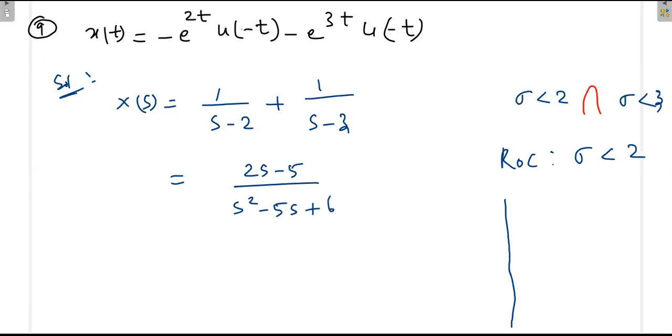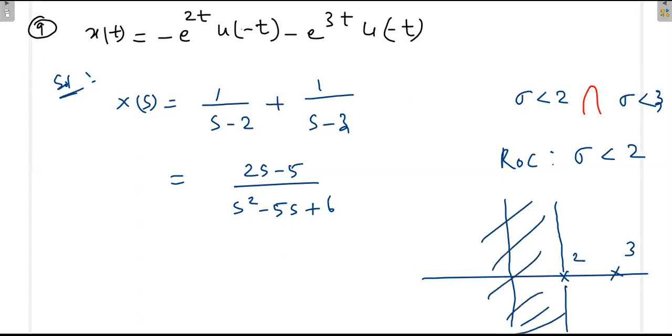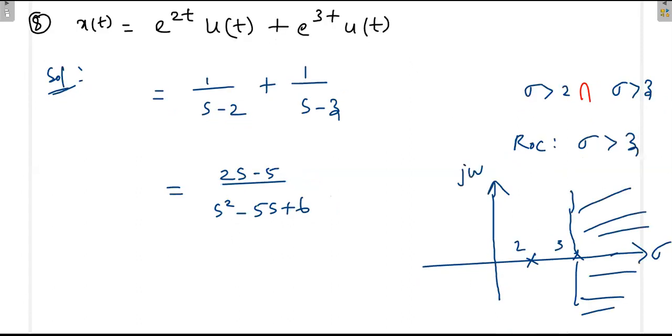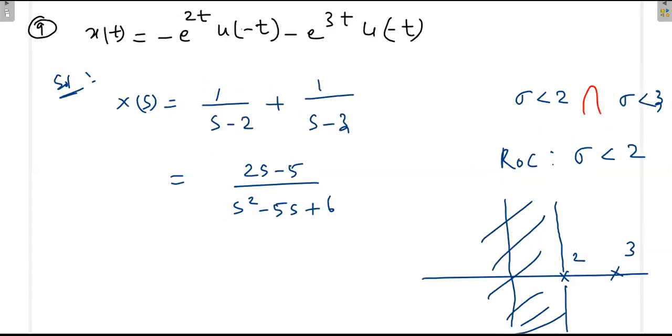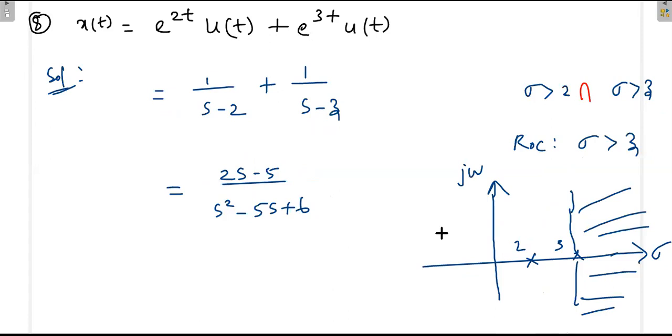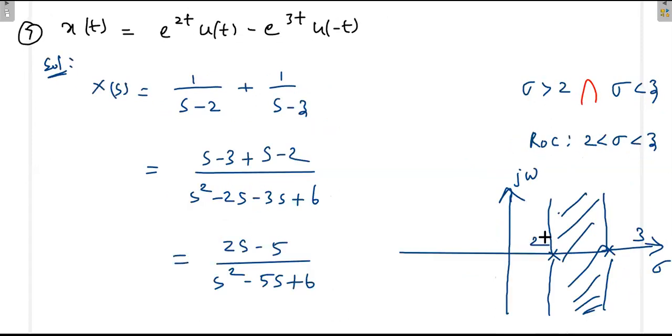Then what is the ROC diagram? Poles are 2, poles are 3. Again, sigma is less than 2. So this region is the ROC. If you see the last set, that means the 7th, 8th and 9th problems, the poles are at 2 and at 3.